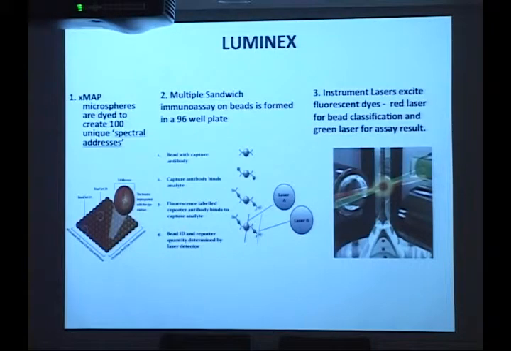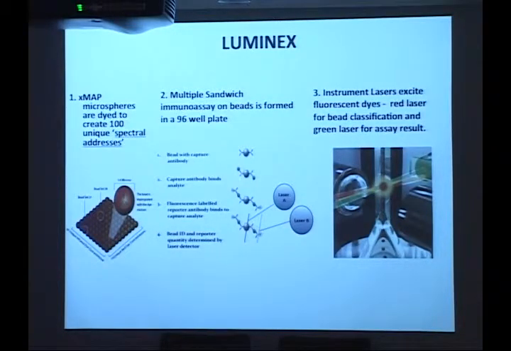So I'll start with a quick overview again of the Luminex. Basically, each sample contains multiple thousands of different beads that have these spectral addresses. This allows us to build an ELISA on a bead, where an antibody is captured to one of these types of beads with a spectral address.